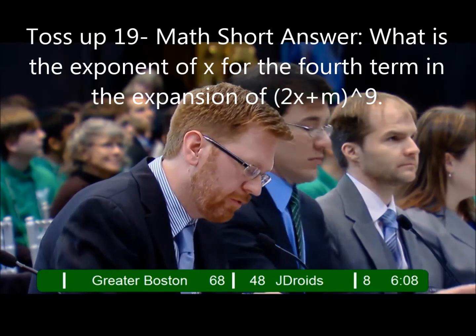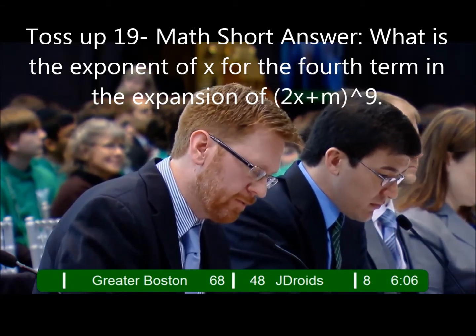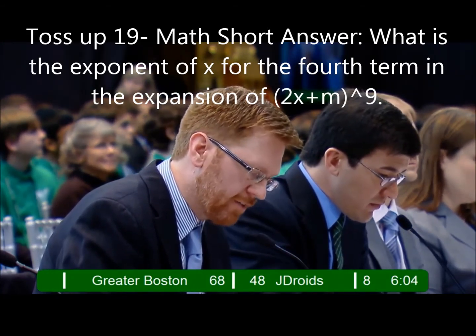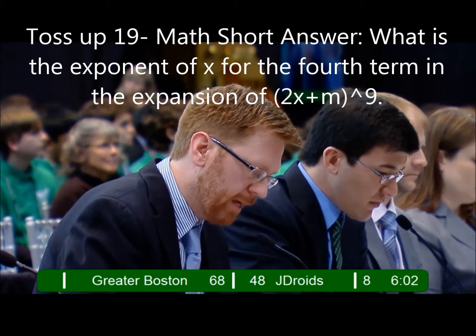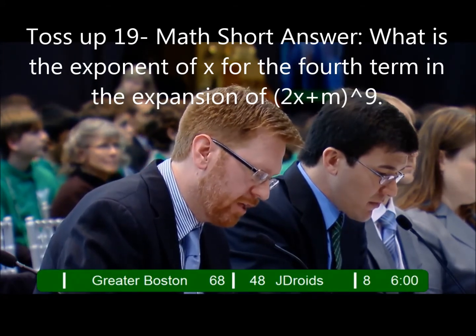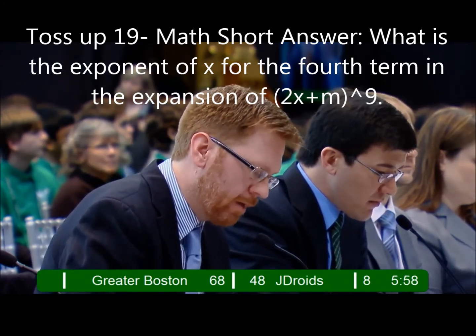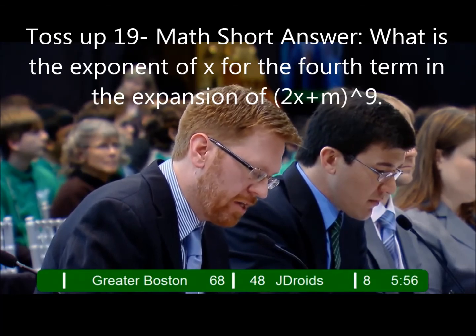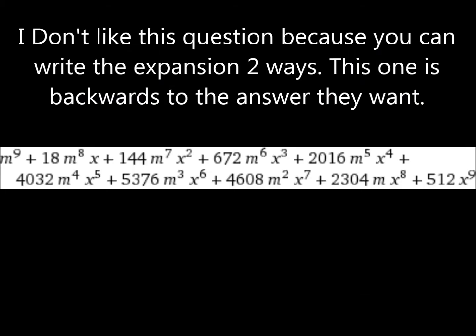Toss-up 19 for both teams. Math, short answer. What is the exponent of x for the 4th term in the expansion of open parenthesis 2x plus m close parenthesis to the 9th power? So why they make this problem to the 9th power is they don't want you to actually multiply everything out. That would take forever.